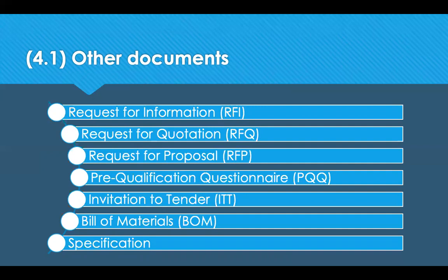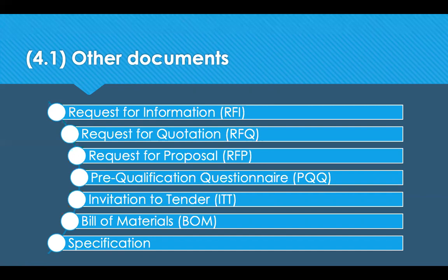A PQQ or pre-qualification questionnaire is a document that looks for information about a bidder's suitability. So it's about the bidder, not the bid. An invitation to tender, ITT, is a document that suppliers respond to with a bid on a large, complex or outsourced procurement.